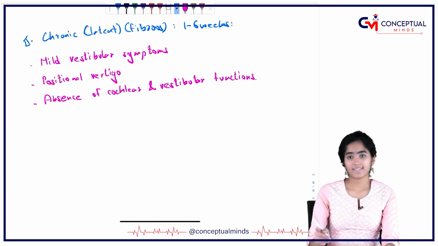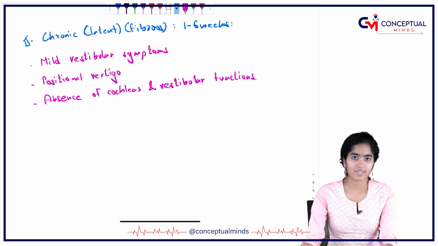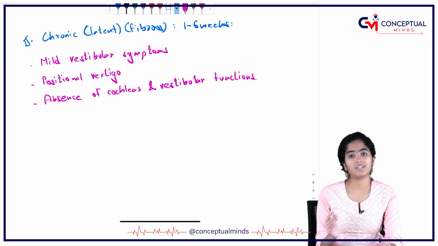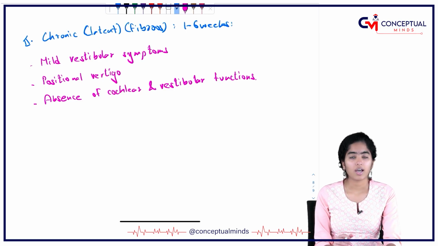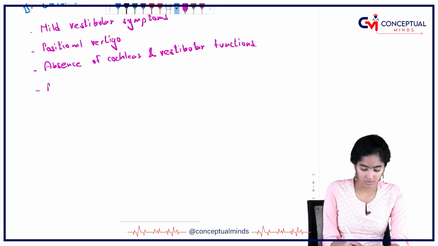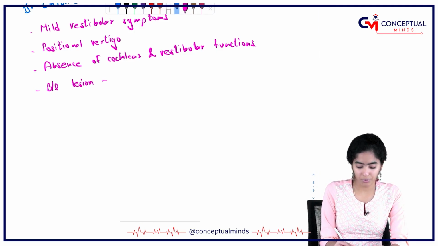Now when both sides are affected, bilateral lesions, it will cause difficulty in walking, especially in dark areas and on soft surfaces. Bilateral lesion makes the life of the patient very difficult.